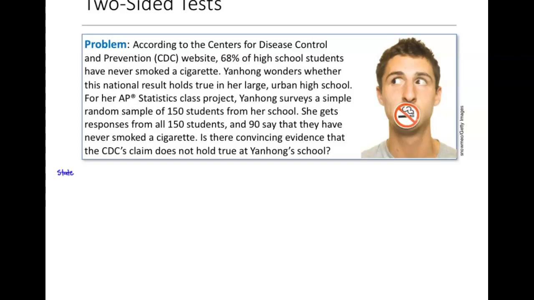So state: P is the true proportion of students at Yan Hong's school who have not smoked.